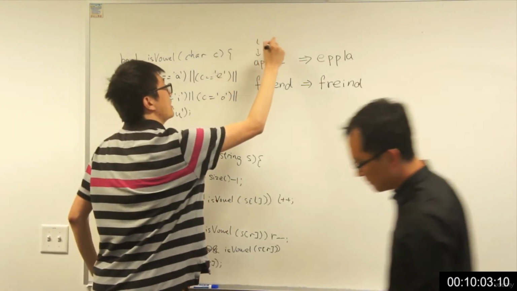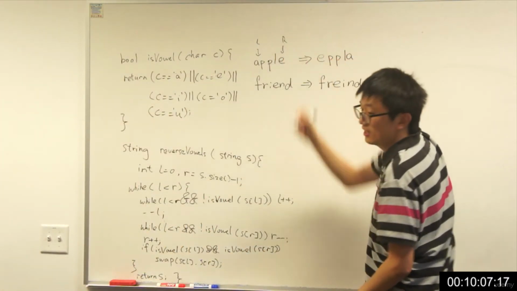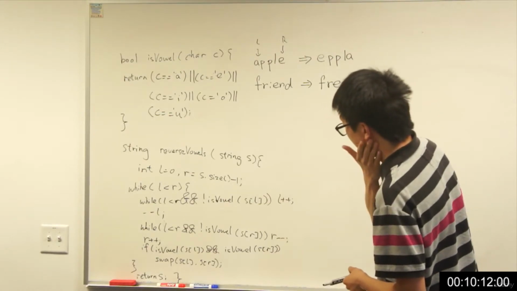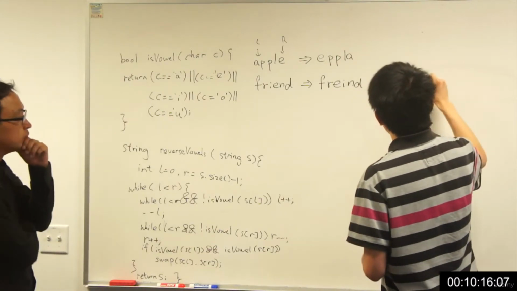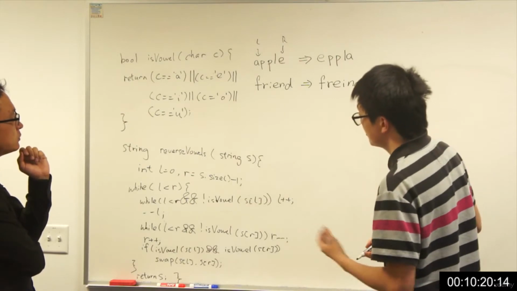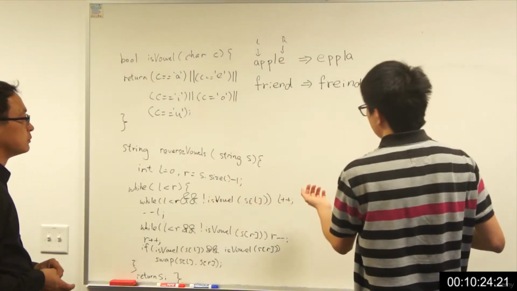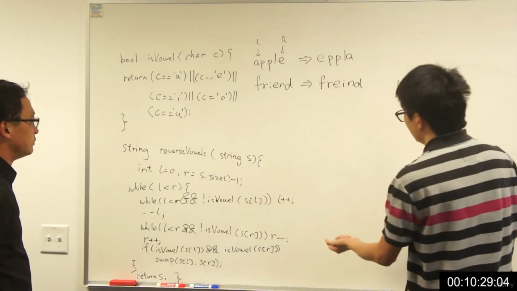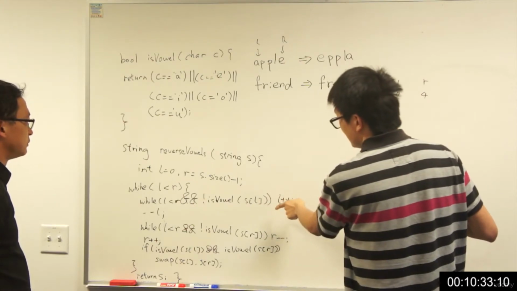So this is L, and this is right. The first thing is while left is less than right. Left is 0, right is 4. So we keep going forward until we find a vowel. L will stay at 0 here because it's already found.